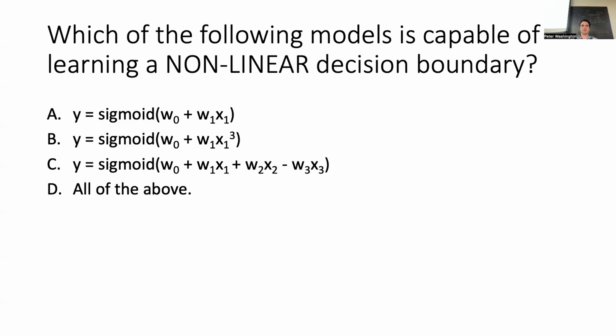Okay, so the answer is B. And look back at the logistic regression notes, and we did a very similar example to this. Basically, there's a nonlinear function inside the sigmoid, and so just off of that, it's going to be nonlinear. But we go into more details in the notes showing exactly what kind of decision boundary that can learn.